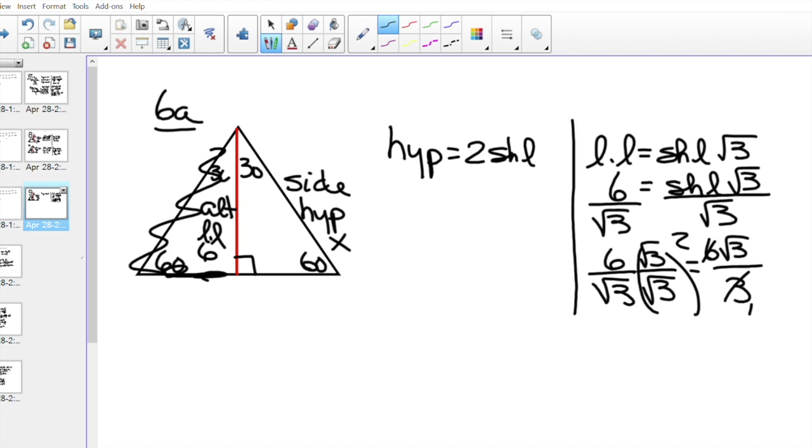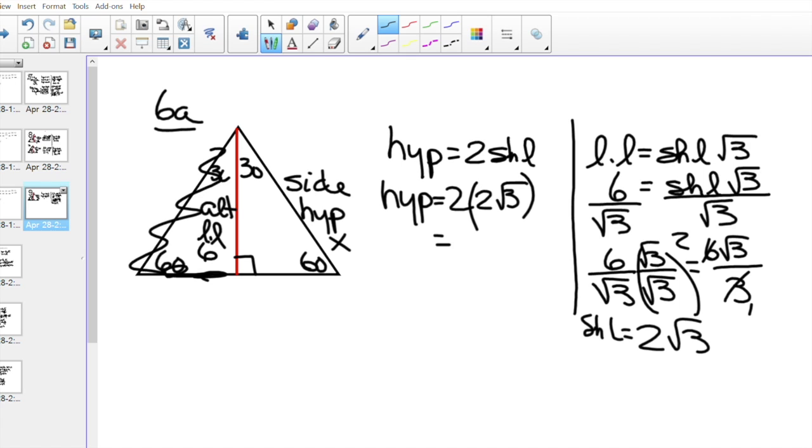So you get 2 times the square root of 3 is the shorter leg. Now, well, we're trying to find the hypotenuse. Well, just come over here and multiply 2 times the shorter leg, and the answer would be 4 times the square root of 3. That is number 6a.